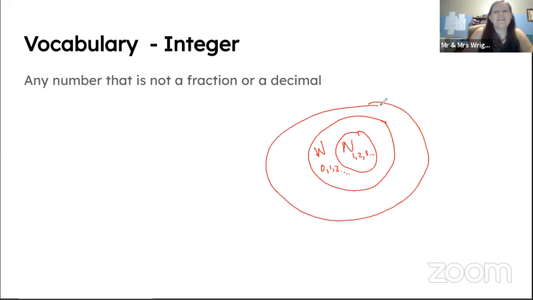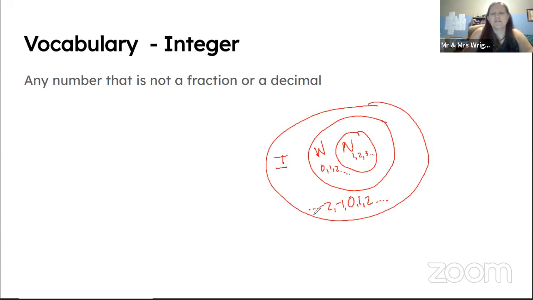Then when you get to integers, you start introducing negative numbers as well, okay? So when you have integers, it can go on. The dots mean it goes on forever to infinity in that direction. So this is going to go on forever in both directions. We have 0, 1, and 2, and it's going to continue on, and 0, -1, and -2.